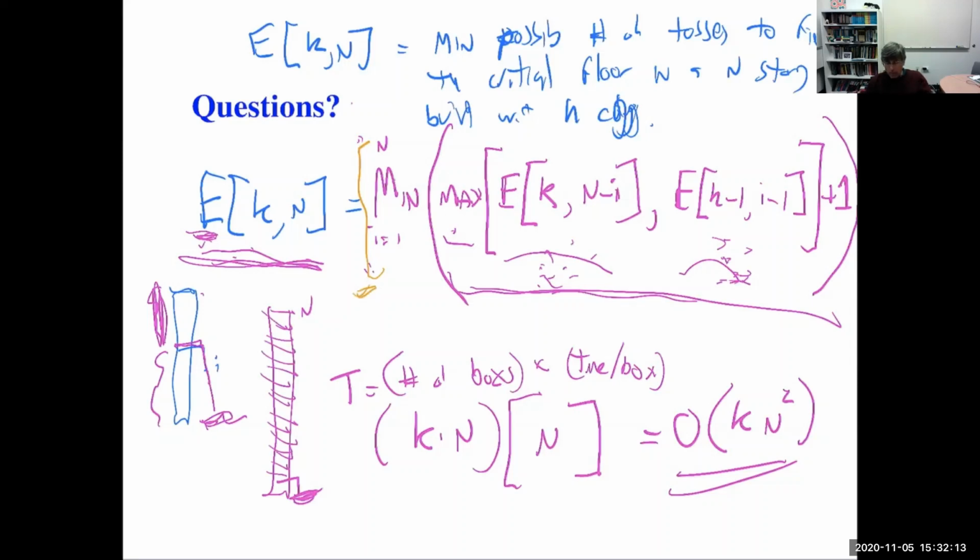Within the loop for a given i, it's look this element up in a table, look this element up in a table. How much time does it take to find the max of x plus y, x or y? It takes constant time.